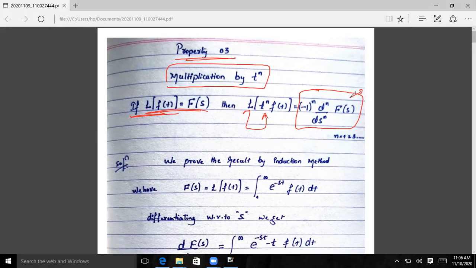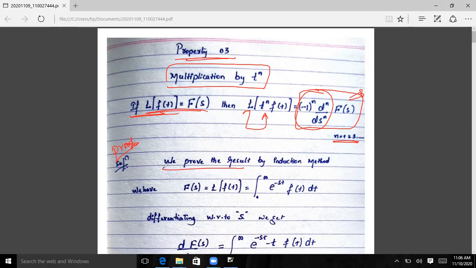That means differentiating the Laplace transform of the given function n times, where n is positive, that is 1, 2, 3 and so on. Let's prove this one.